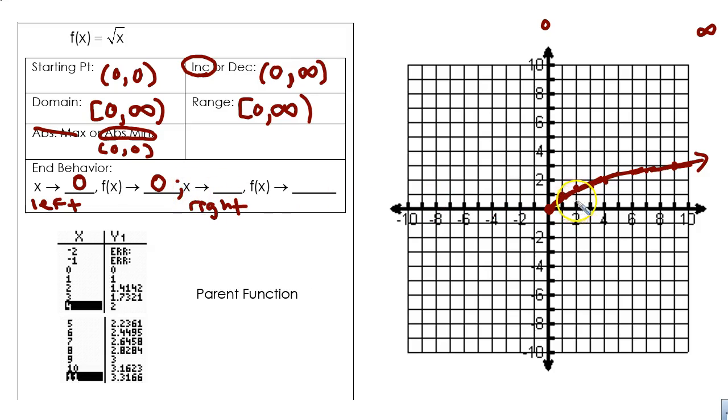On the right side, we're going to the right forever and up forever. Well, to the right forever is towards positive infinity, and up forever is towards positive infinity. So this looks a little different than end behavior that we've seen before. We've got to get used to thinking, am I approaching a point or am I approaching an infinity?